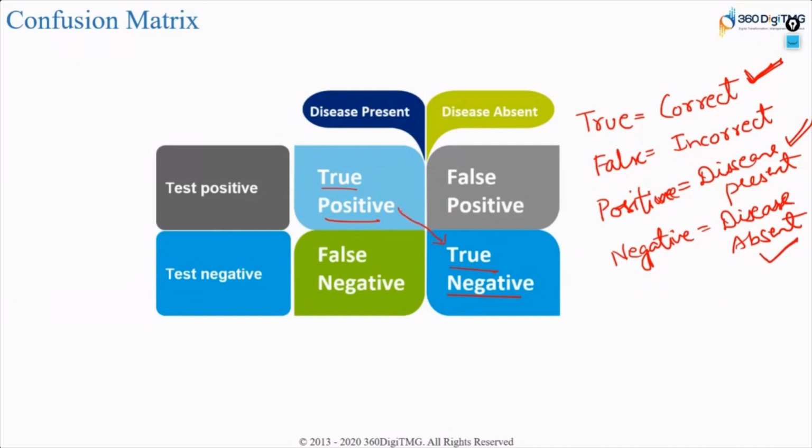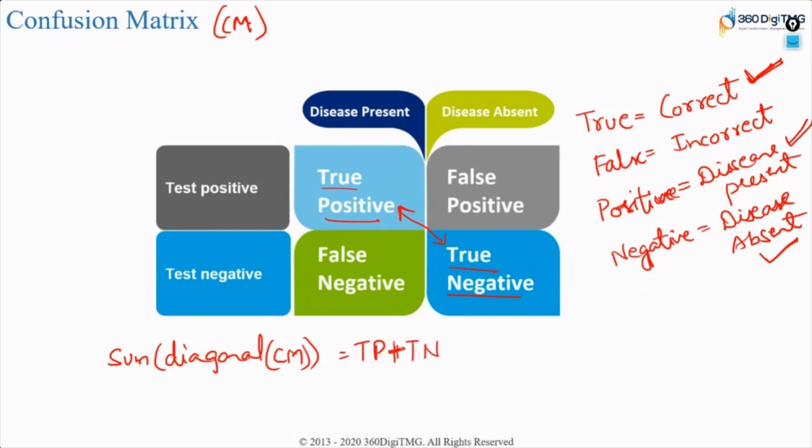So when you look at this diagonal, very important friends, and take the summation of the diagonal of this confusion matrix, say CM, that's nothing but true positive plus true negative, means correct predictions.